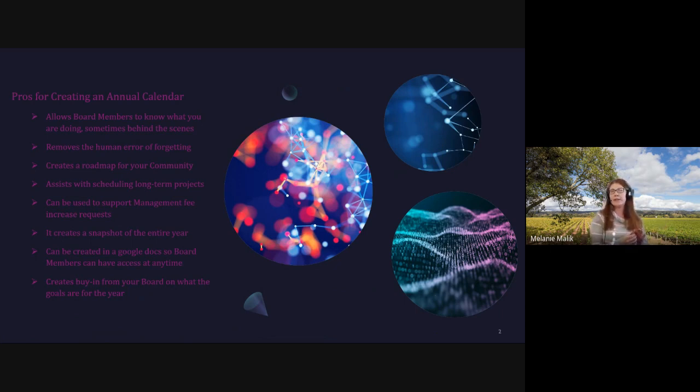We are going to look at two different formats, and one format has a one page for the whole year, and then another format actually lists all the topics per month that you're going to be focusing on. It also can be created in a Google Doc. So then you can share it with your board, and then they would be able to have access at any time and know what the priority for the projects are for the upcoming month, quarter, so on and so forth.